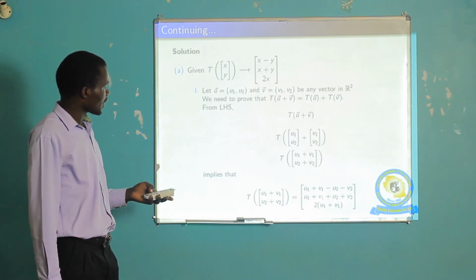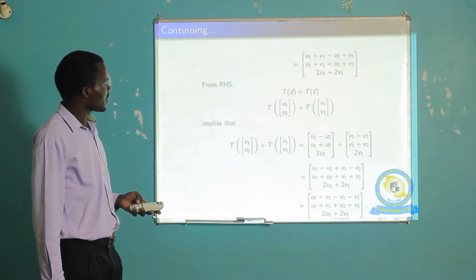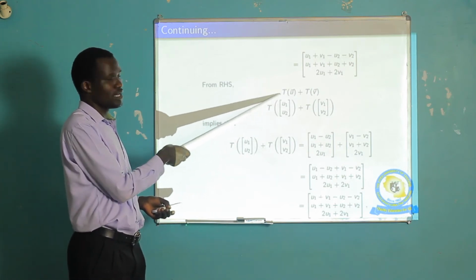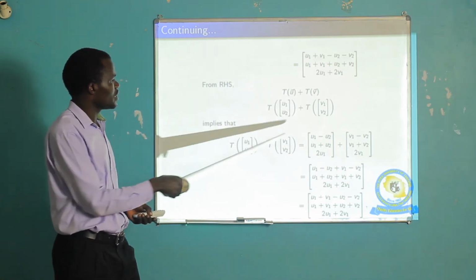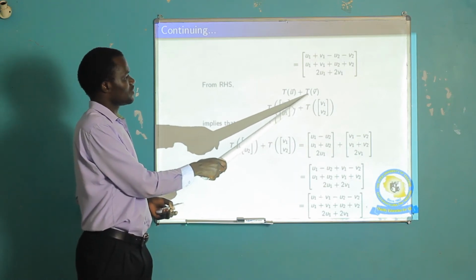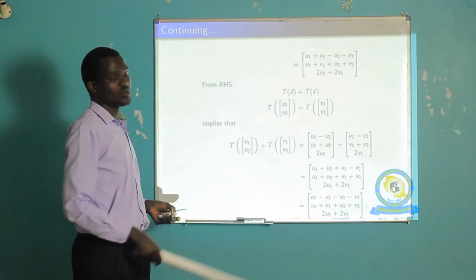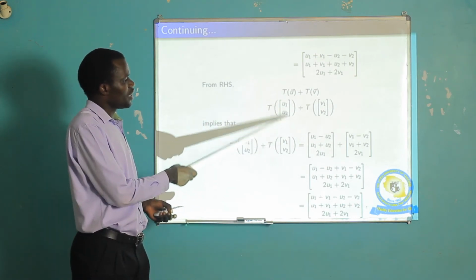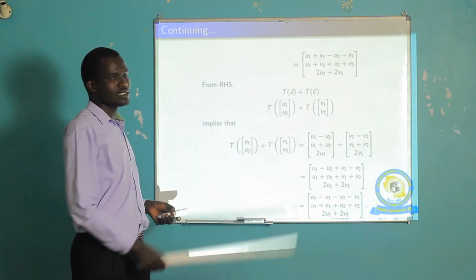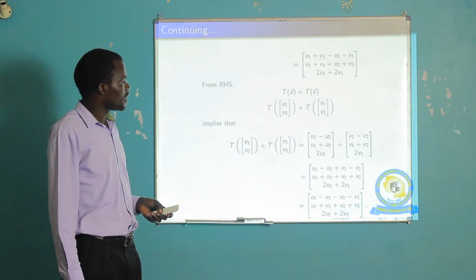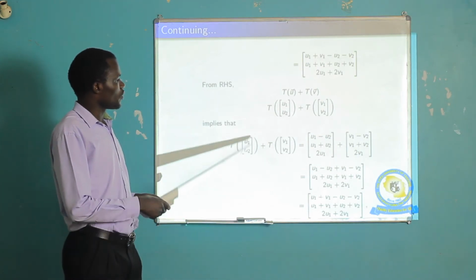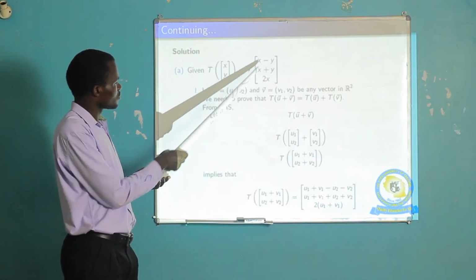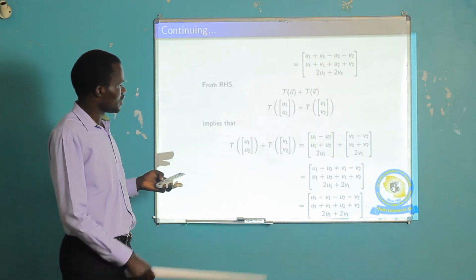So again, you can check the right hand side. First substituting u here in the transformation, and then plus T, the transformation of v. We substitute the entries for u and the entries for vector v. After substituting, we refer to the definition we have given of this transformation.